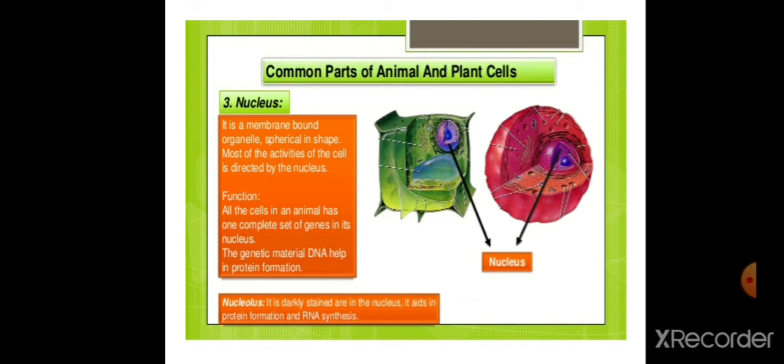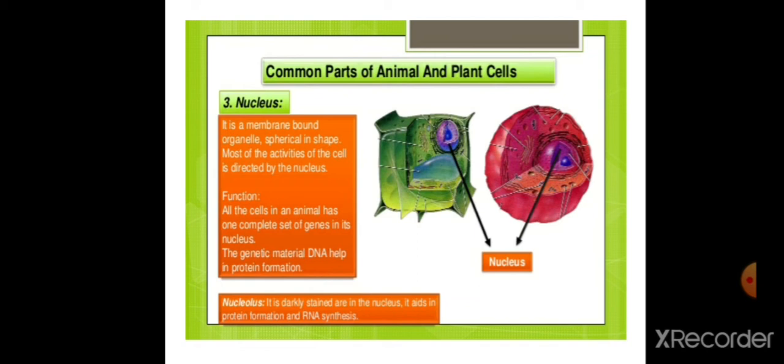Inside the nucleus there is a dark stained area which is called nucleolus. Its function is that it helps in protein formation. You've got proteins in the body, right? So this nucleolus is going to help in protein formation. So remember, nucleus and nucleolus are two different things.